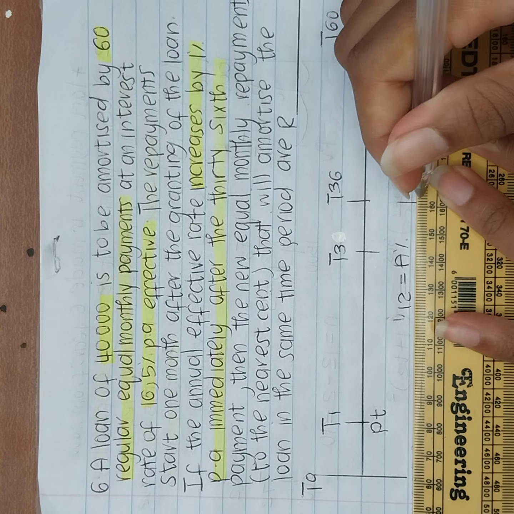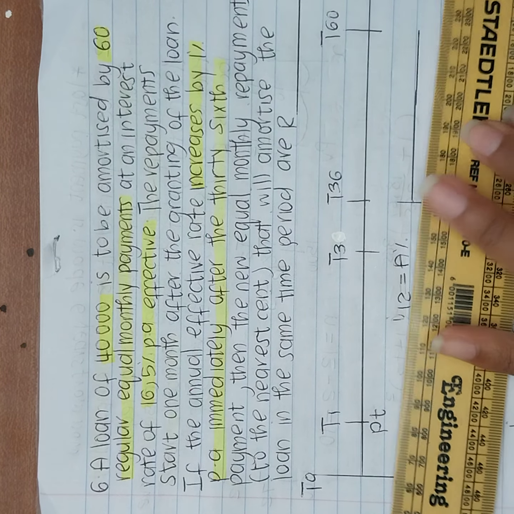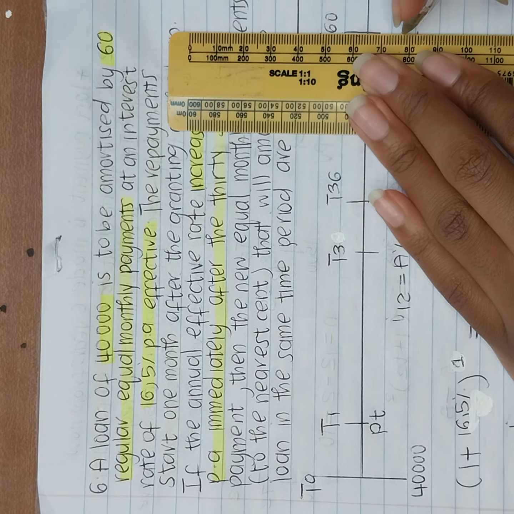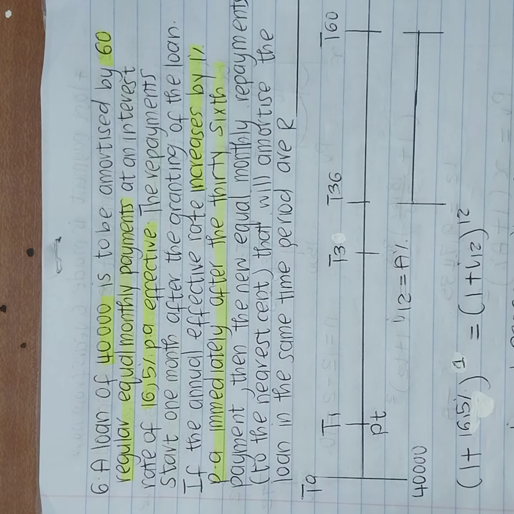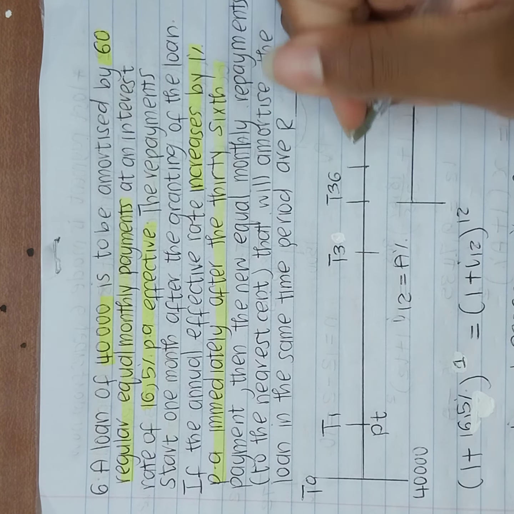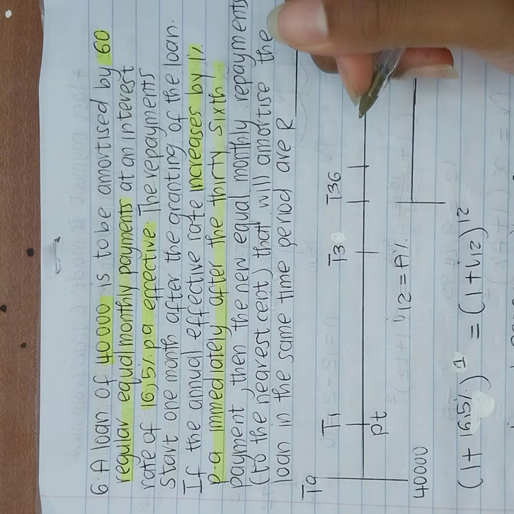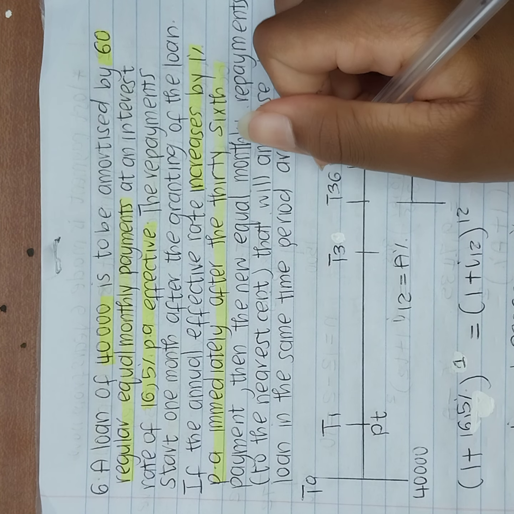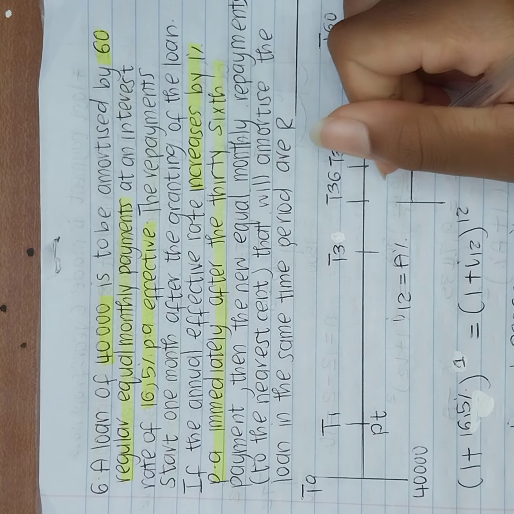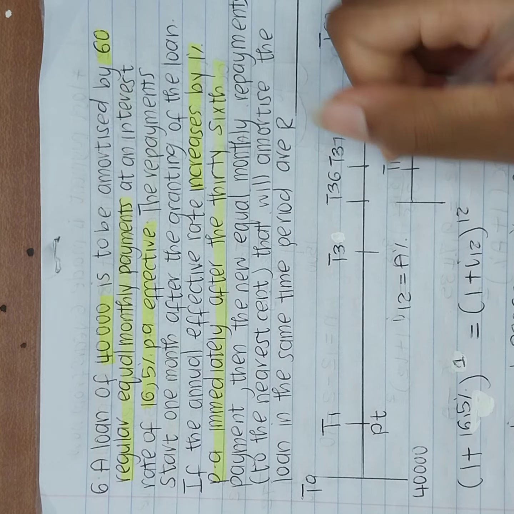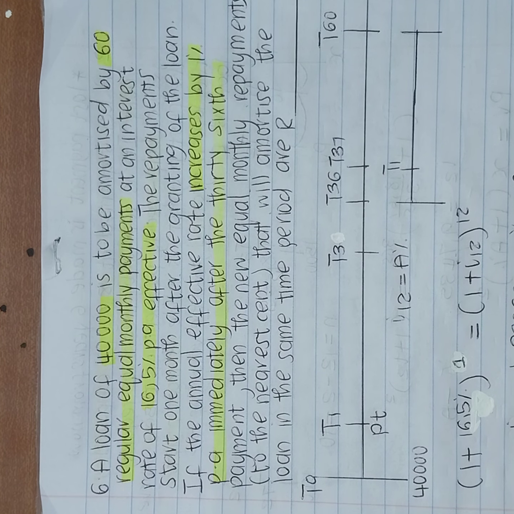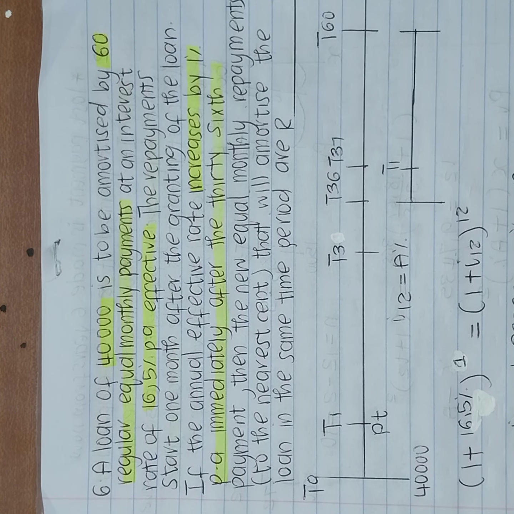Remember, they said in the same period, so I can only end at T60. So for this new loan, the new payments will start at T37. That is when we'll have our T1 with the new increased rates.